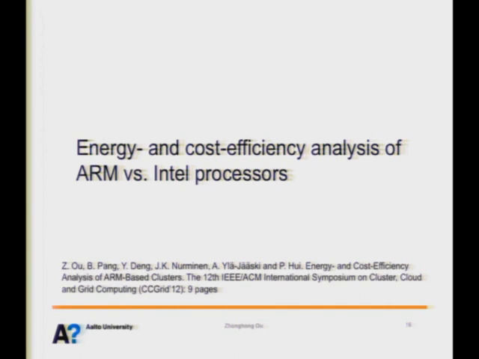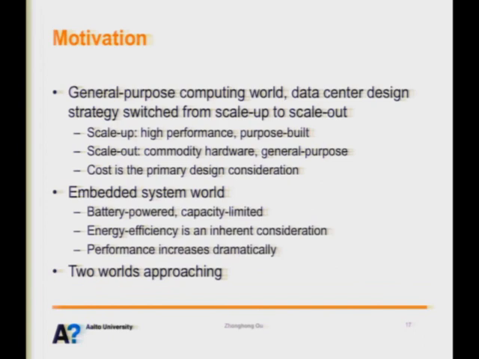So this is a paper which was presented one month back in 2012. The motivation of this work is the current trend: the data centers switched from the scale up strategy to the scale out strategy.